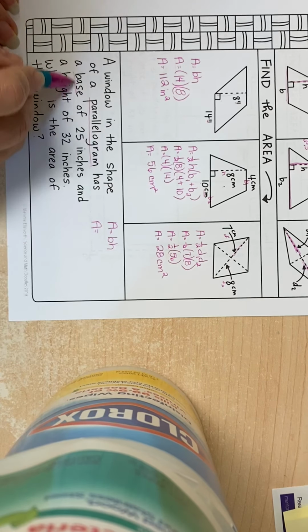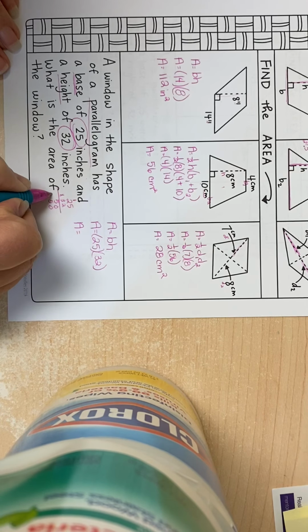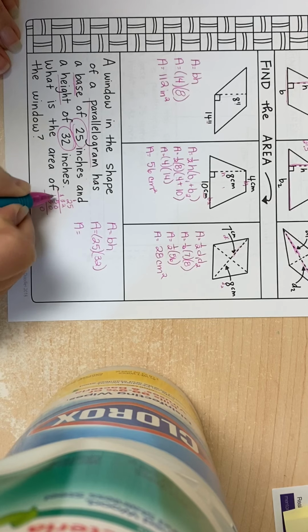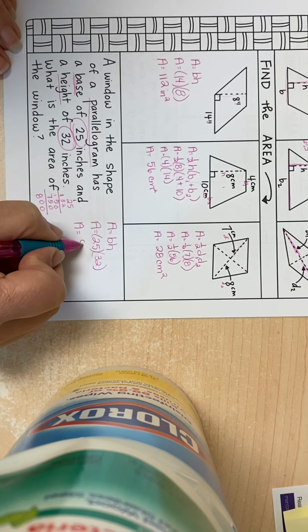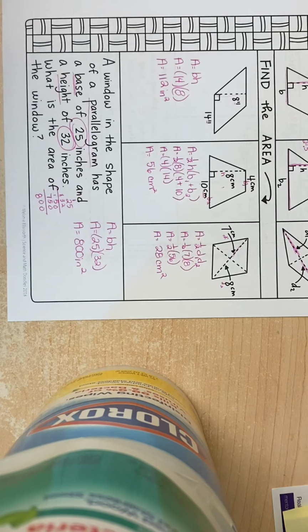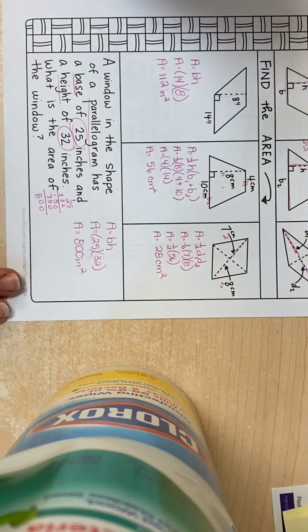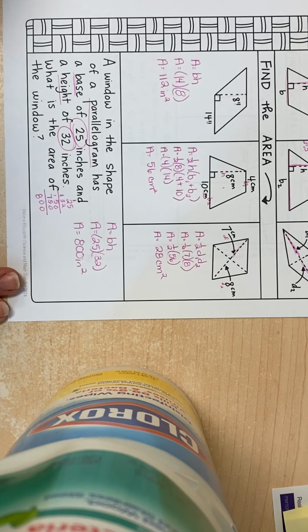A equals, and if I go 25 times 32, I get 800 inches square.